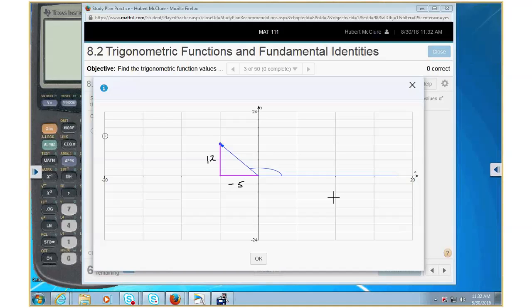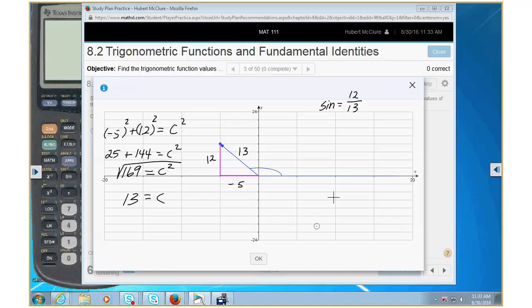So negative 5 quantity squared plus 12 quantity squared is equal to c squared. 25 plus 144 is equal to c squared. I'm trying to get a radical. Darn, 169 is 13. If I was wanting a perfect square, I would have pulled 3 radicals up. So that's 13. So sine is equal to 12 over 13.